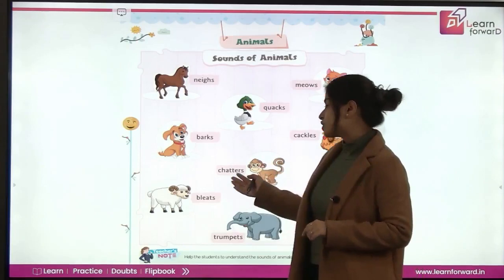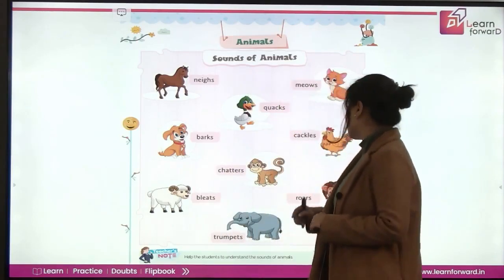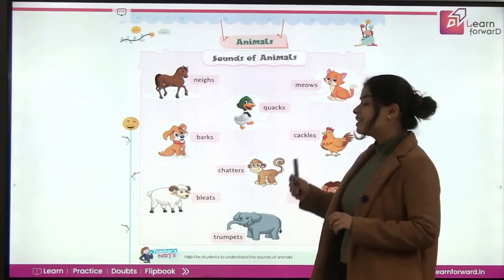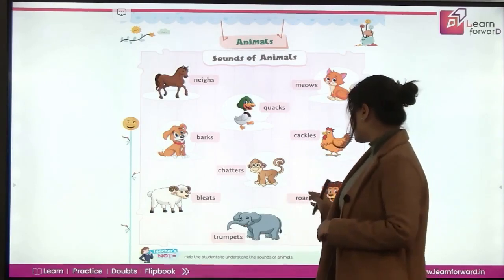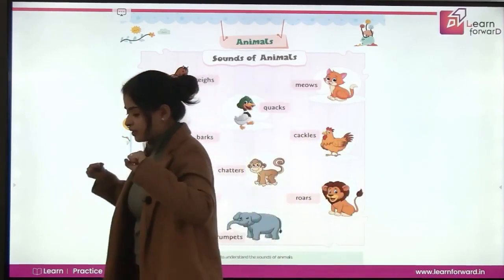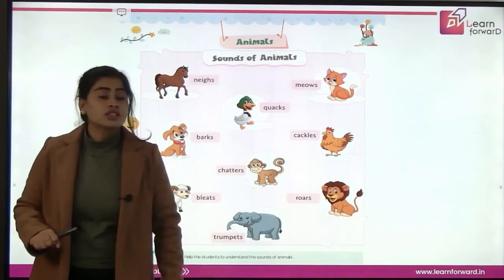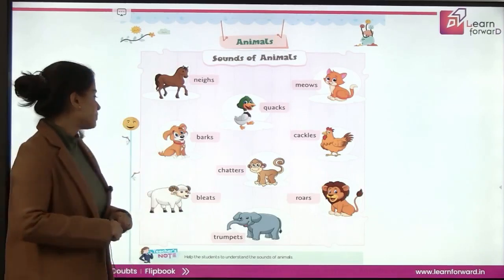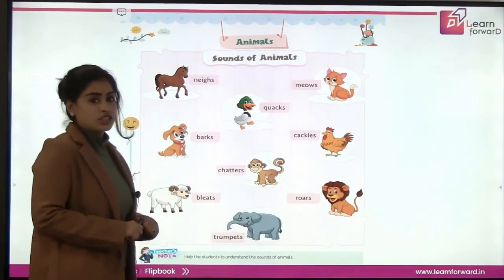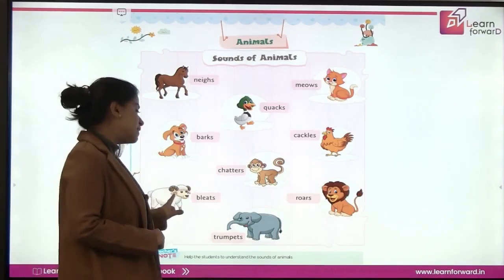Monkey sound is called chatters. Next is hen. Hen cackles. Next is lion. Lion roars. Okay. The sound of a lion is called roars. Next is sheep. Sheep bleats. Sheep sound is called bleats.